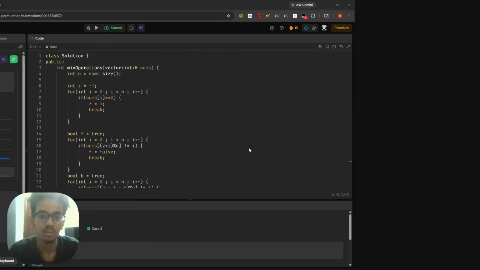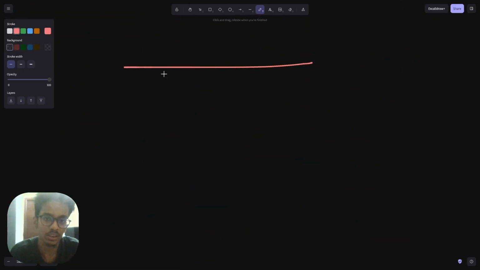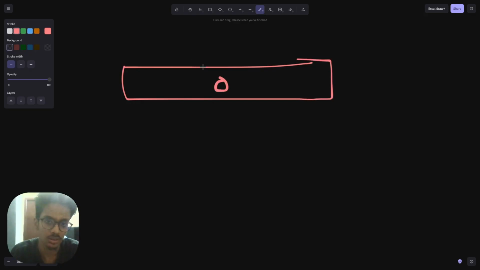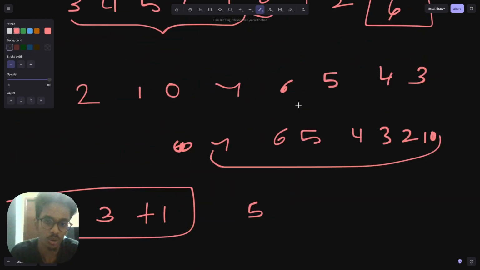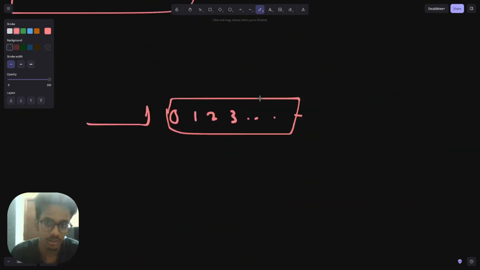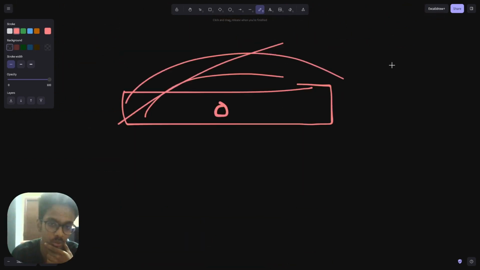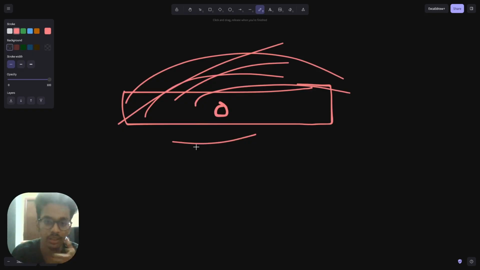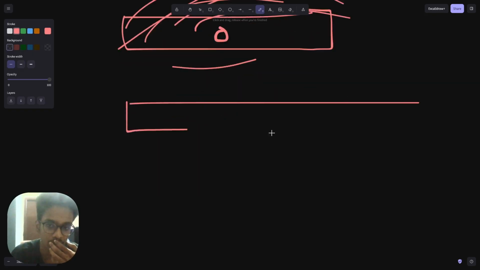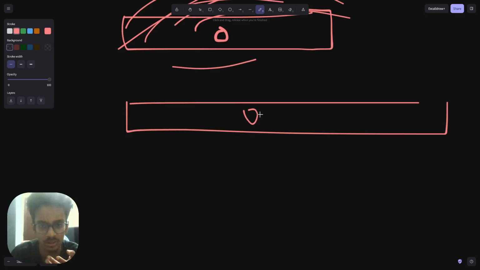Clear? What are we trying to do? If you are in a forward cycle and zero's index is somewhere here, you got two options. Either you can reverse this and do all this stuff if there are more elements towards your left. Okay, this case is well explained, I hope. So either you can bring all the stuff here to the end and move towards left. That's one way. Or else you can reverse this so that maybe you can incur fewer rotations, and reverse it once again. So it would take one reverse move, some k rotation moves, and one reverse move.